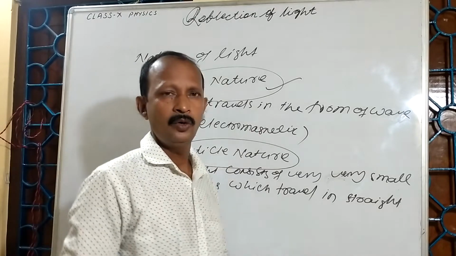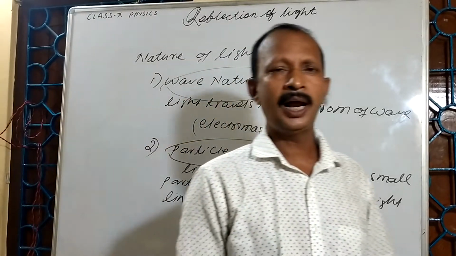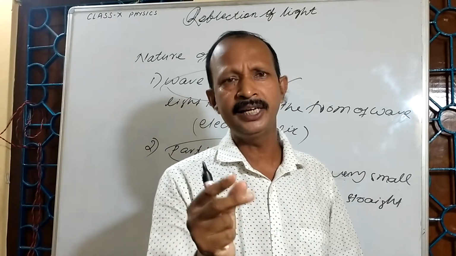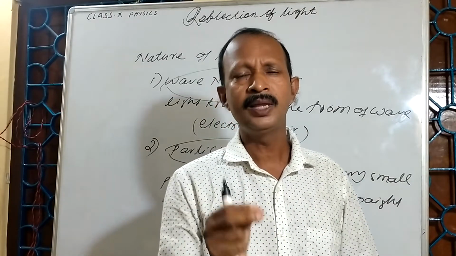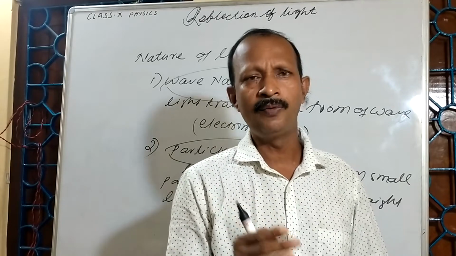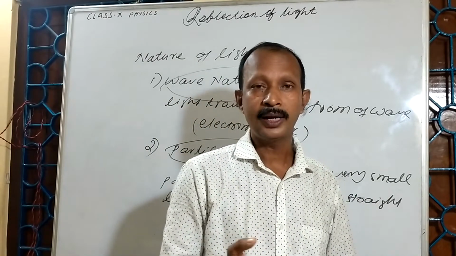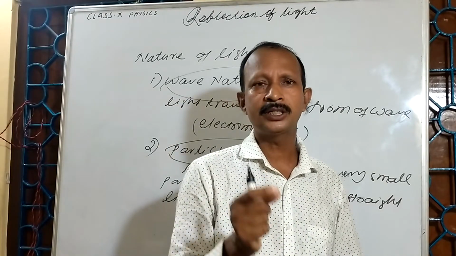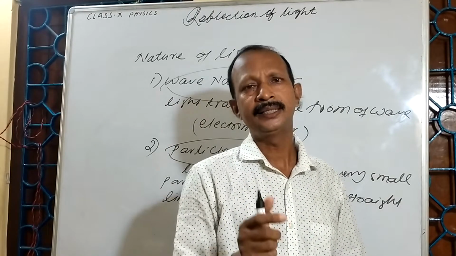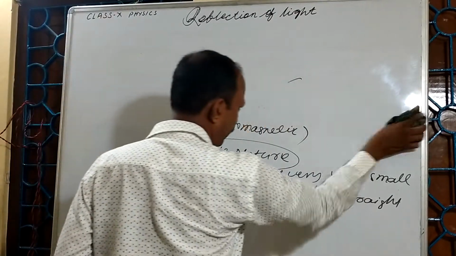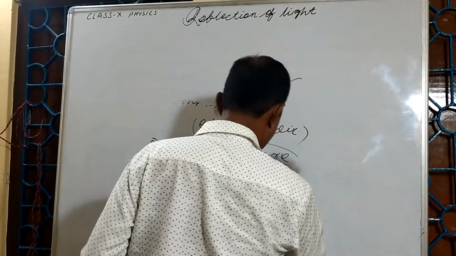That means we accept that light travels in the form of wave. It is transverse in nature. At the same time, light travels in the form of small particles. You know that the elementary particle which defines the light is the photon. You might have already come across the word photon frequently.